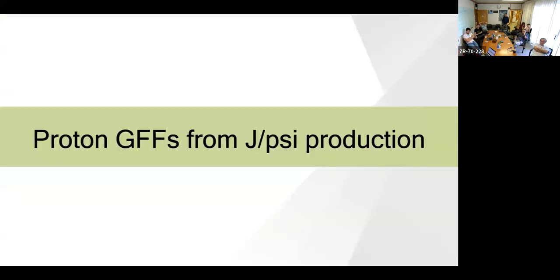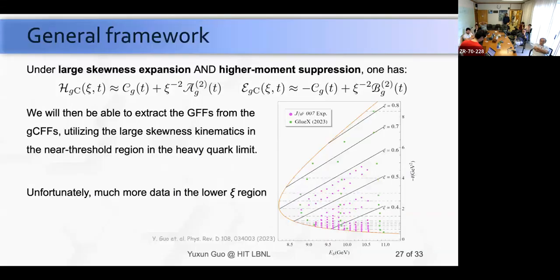So in the end, I want to talk a little bit about how we can apply this to real-world production data. I will take the JLab production as an example. The general framework is pretty straightforward, as I already illustrated.